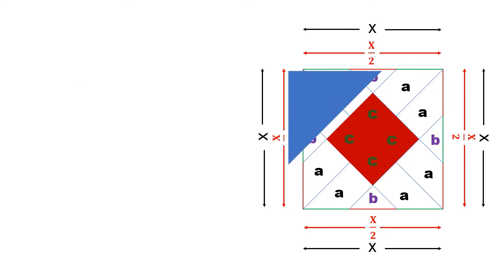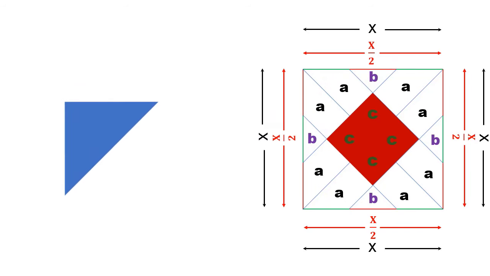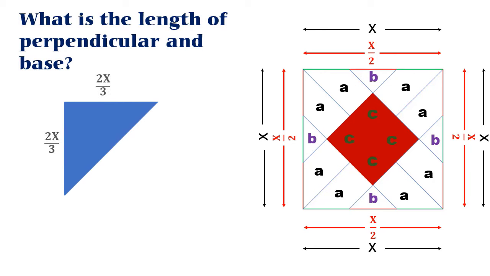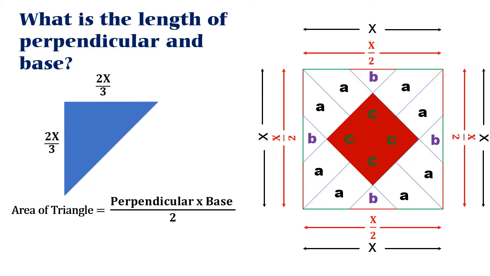Now look at this triangle. What is the length of perpendicular and base? Very simple. It is 2 by 3 x. Now we have the equation to find the area of triangle, which is equal to perpendicular into base divided by 2.